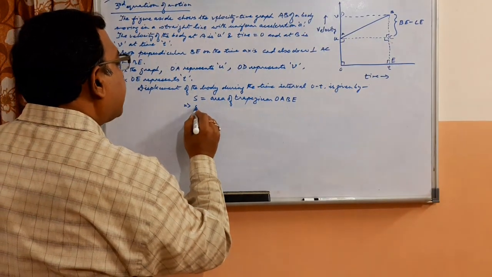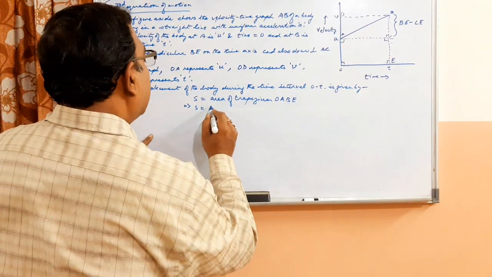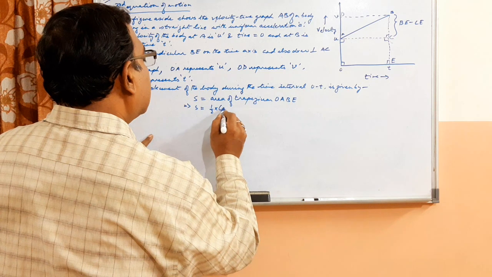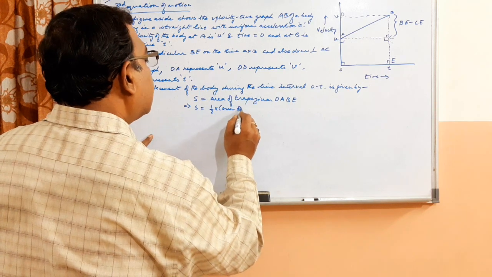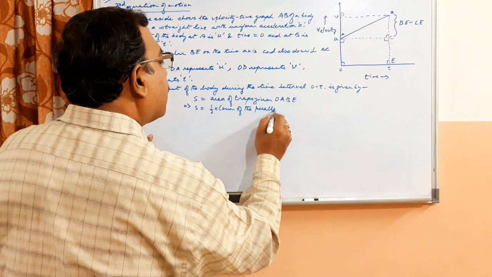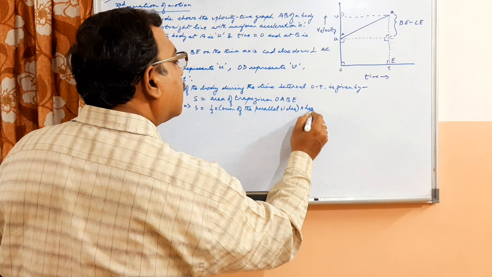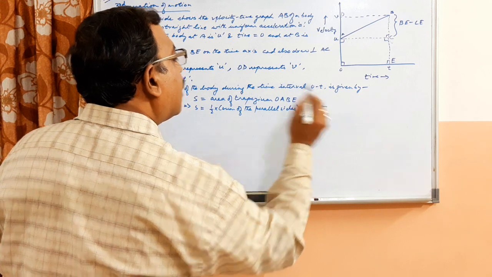So S is equal to, what is the area of a trapezium? Half into sum of the parallel sides into height.